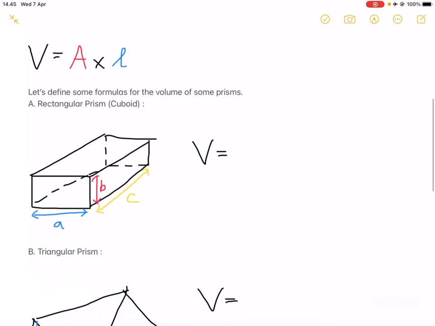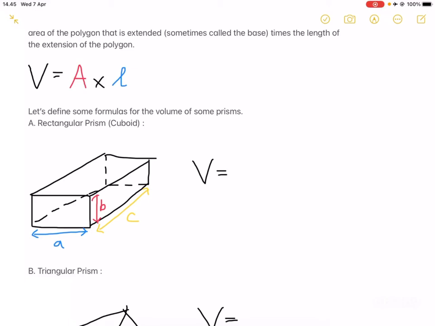So let's define some formulas for the volume of some prisms that very commonly appear. First are the rectangular prisms, also known as the cuboid.